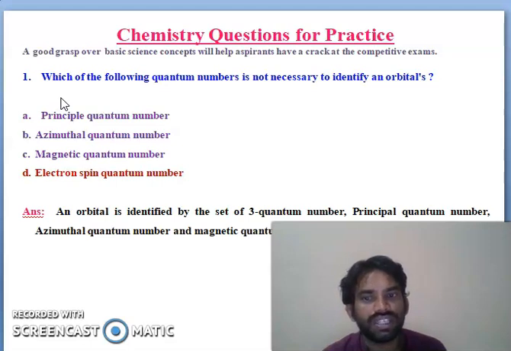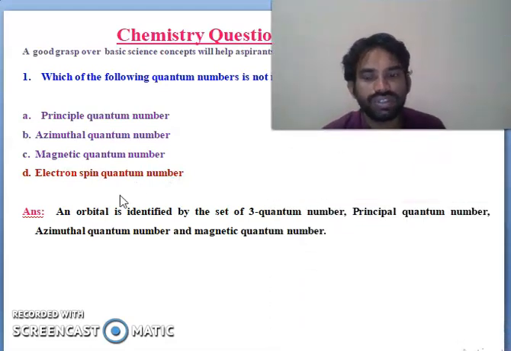A few questions you can see are MCQs, multiple choice questions, with explanations also. Which of the following quantum numbers is not necessary to identify an orbital? Given are: A, principal quantum number; azimuthal quantum number; magnetic quantum number; electron spin quantum number. You can see the explanation part here. An orbital is identified by a set of 3 quantum numbers: principal, azimuthal and magnetic quantum number.